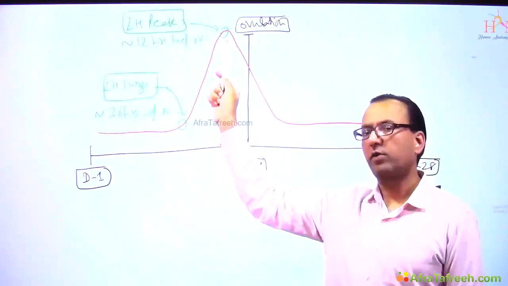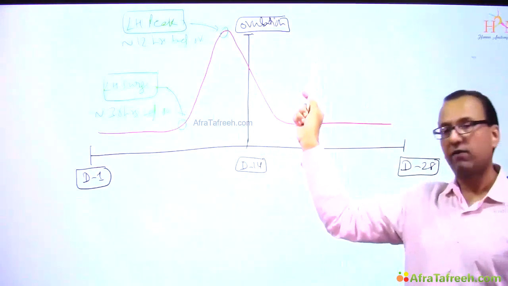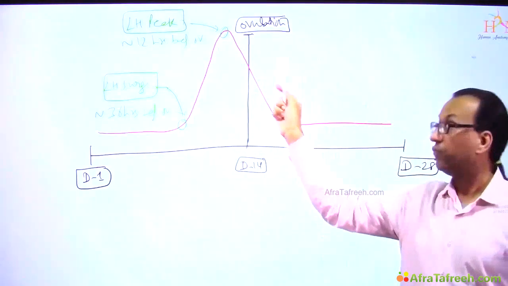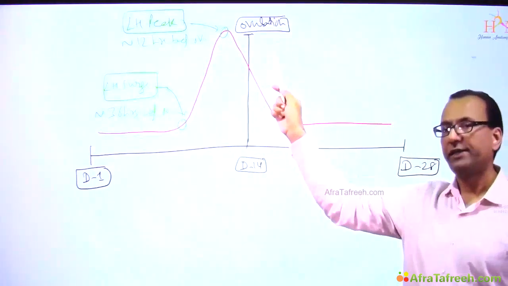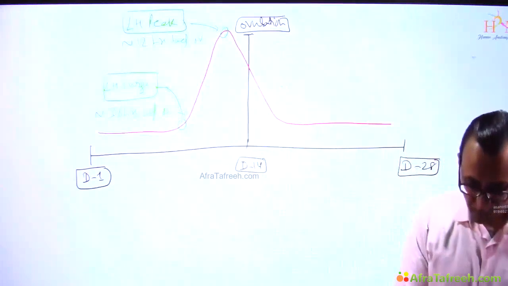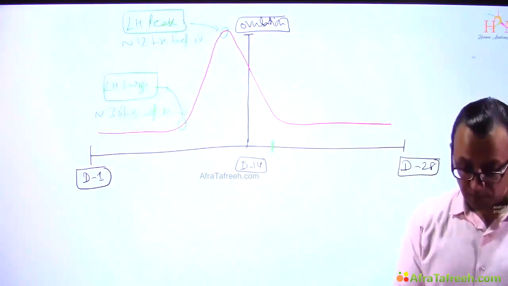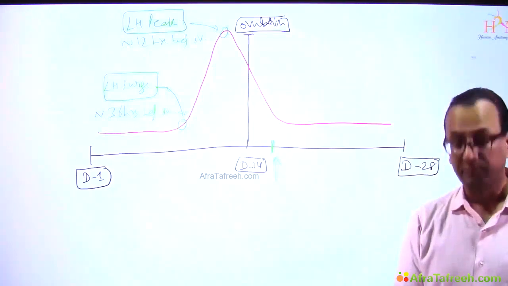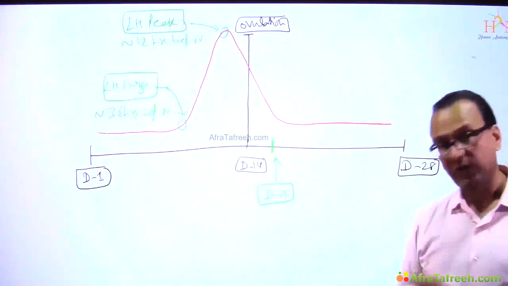And when is the second polar body released? After fertilization. And when is the fertilization happening? Within 24 hours of the ovulation. You have to remember that the lady should have the zygote by day number 15. So day number 15, she should have zygote?